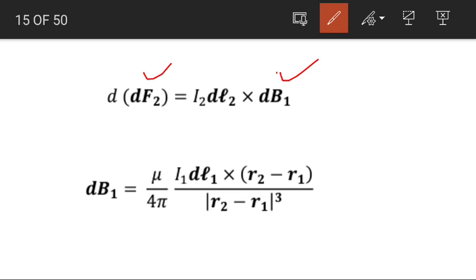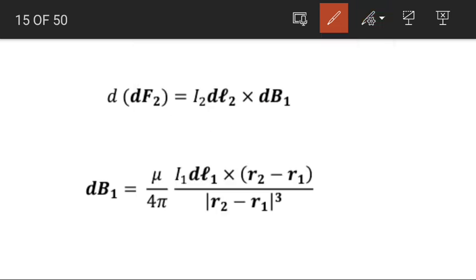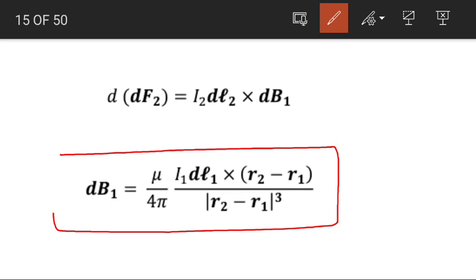So the small amount of force which is experienced by the small portion of the second conductor will be equal to I2 dl2 cross dB1. What is dB1? dB1 is the differential magnetic flux density which is generated by the current in the small portion of the first conductor, and the differential magnetic flux density is given by this particular equation.